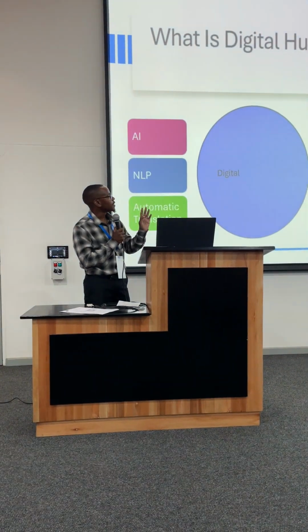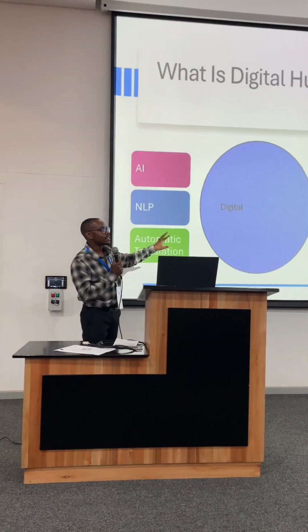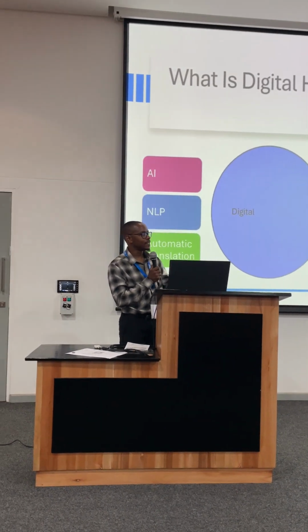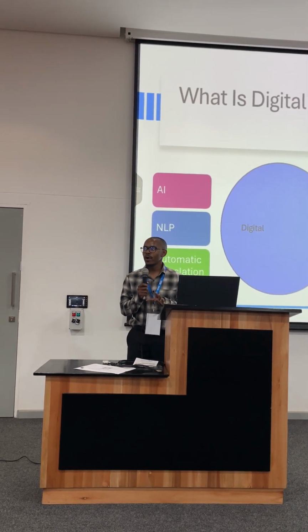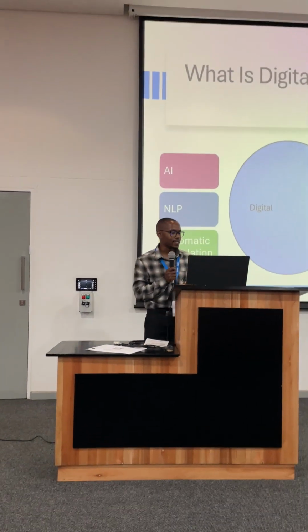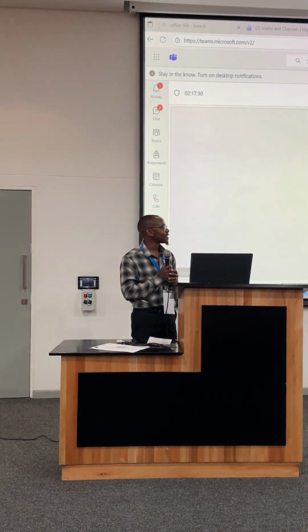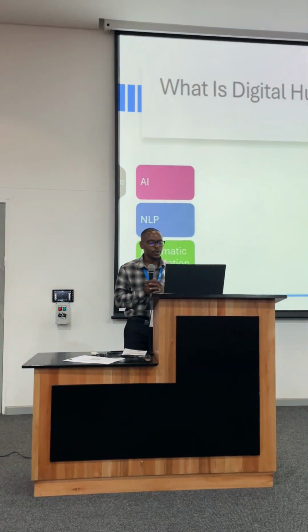The two different perspectives. On the one side, we have what is highly digital, and on the other side, we have our humanities. What we want is for the two to merge. So anything artificial intelligence, natural language processing, things like your automatic translations and so on, need to come a little bit closer to what we are doing in the humanities.